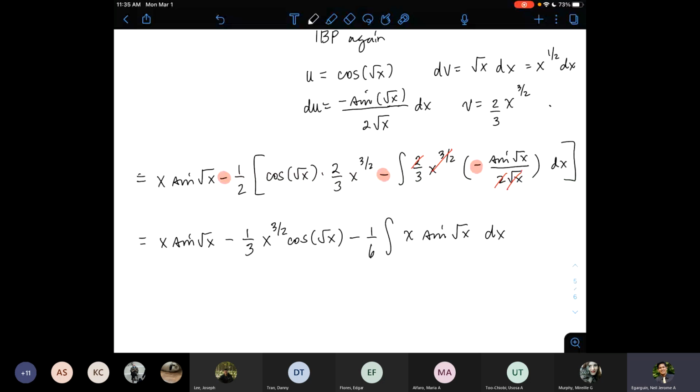Okay. Now, I don't think I'm getting anywhere. Let me see. Did I botch the choice of u and dv here? Sine root x. Can you guys check if I did something wrong while I look at the rest of my solution?